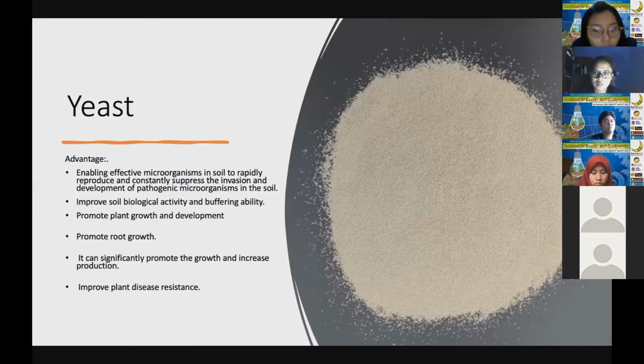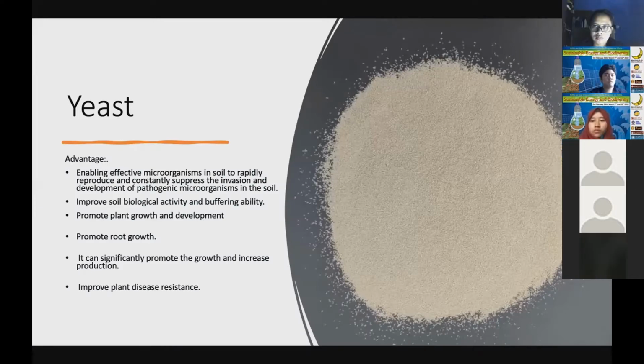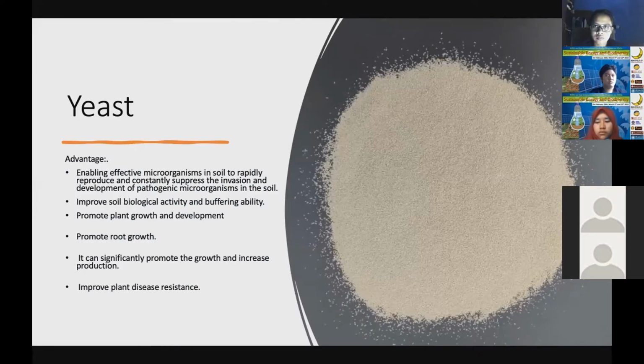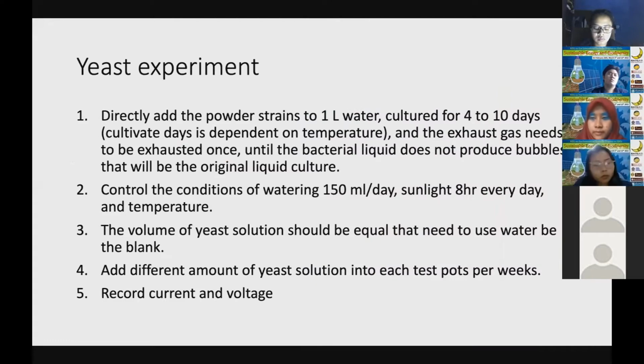The next factor is yeast. As I know, yeast has many advantages for planting, like resisting disease and promoting root growth, and it can also be a catalyst for plant microbial fuel cells.